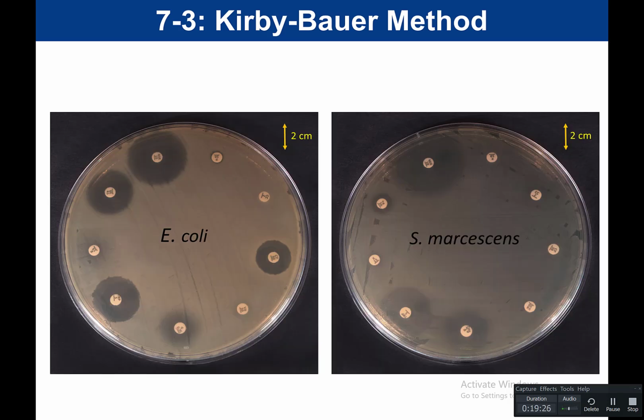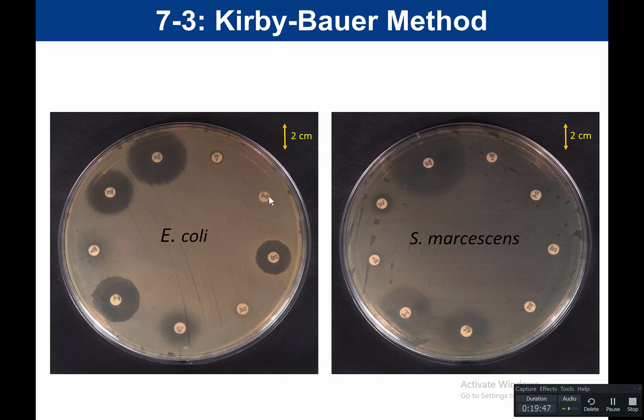So here are some example plates of organisms that we would typically use in this lab. So you can see we have E. coli here. And if you look at this plate, right, you'll notice that for CC2, which again was our clindamycin, notice that the bacteria grow right up next to that drug.